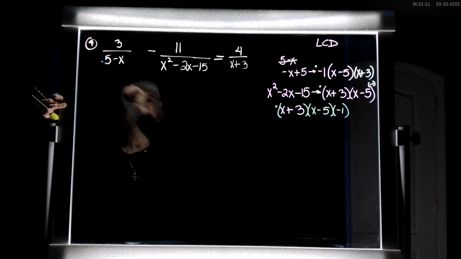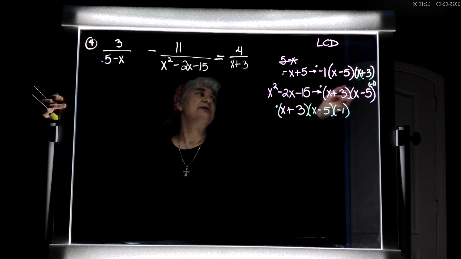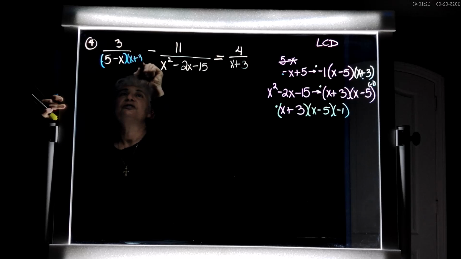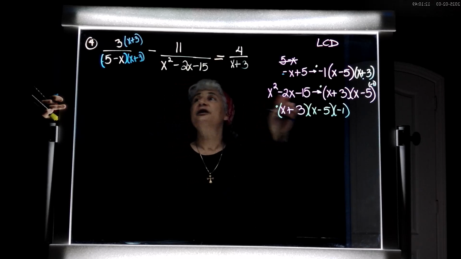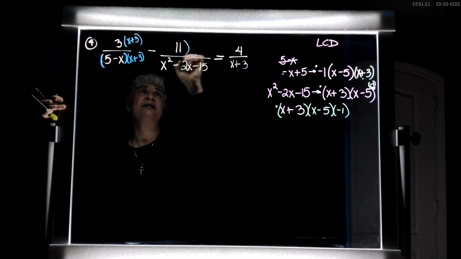Remember, this is this denominator, and we said it was missing x plus 3. So to the denominator and the numerator, right? Okay. Denominator number 2, we said it was missing this negative 1, this minus 1. So you're going to multiply by a negative 1, top and bottom.